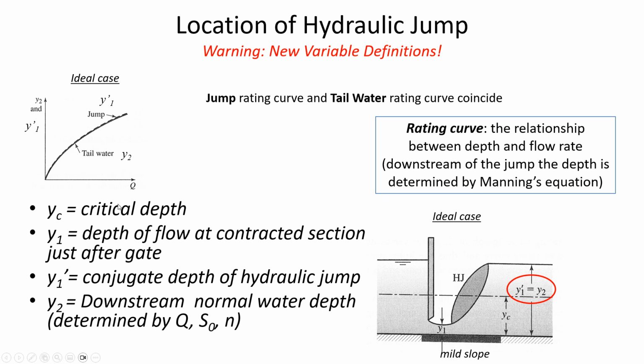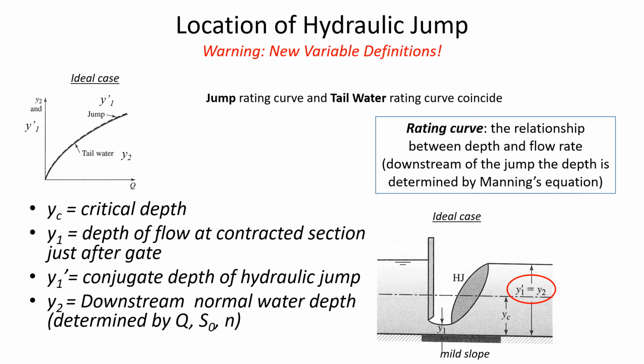We can make a rating curve for the channel, but you can also express the hydraulic jump in these same terms, with what would be the jump depth for a certain flow rate. And ideally, you would have an immediate hydraulic jump right after whatever's causing it. So here you can see it's an underflow gate that's causing the hydraulic jump.